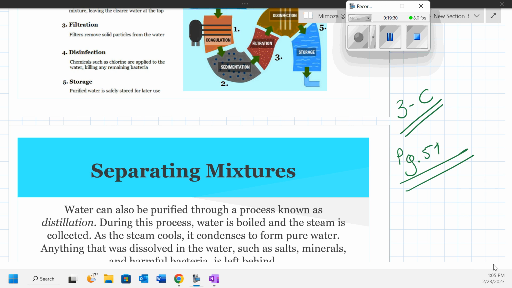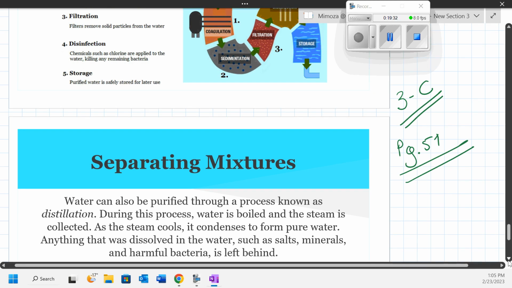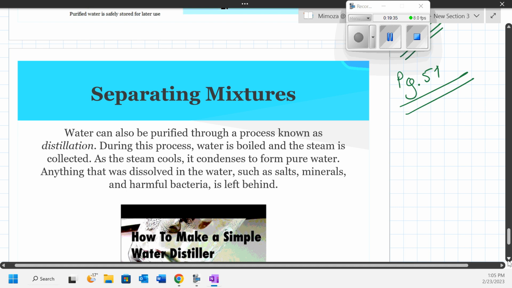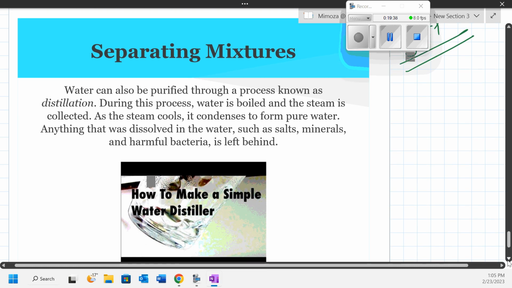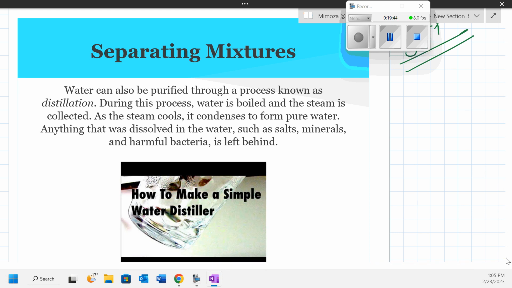But besides whatever you have in investigation 3.3-C, water can be purified through a process known as water distillation. In water distillation, the water is boiled and then the steam is captured and condensed to form pure water, and the steam is accumulated, and then what we have here is distilled water.